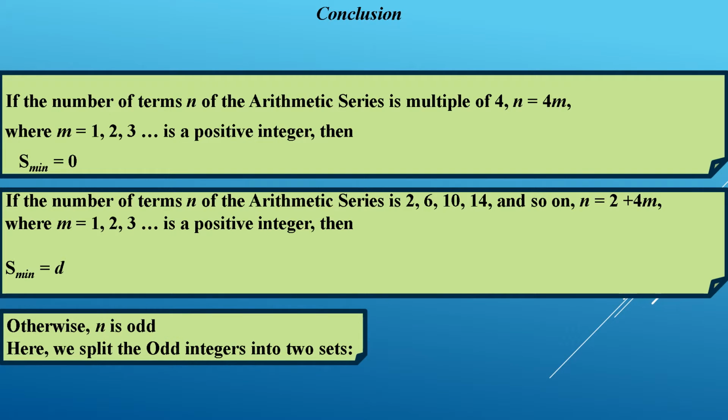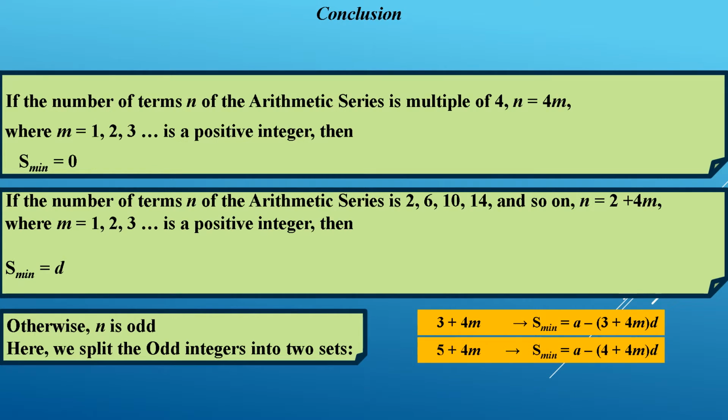Then otherwise n is odd. So the third possibility here, if n is odd, then we split into two categories. One of them is if n, the odd, is equal to 3 plus 4m, then the minimum sum will be given by this expression depending on m, a, and d, in contrast to the above.